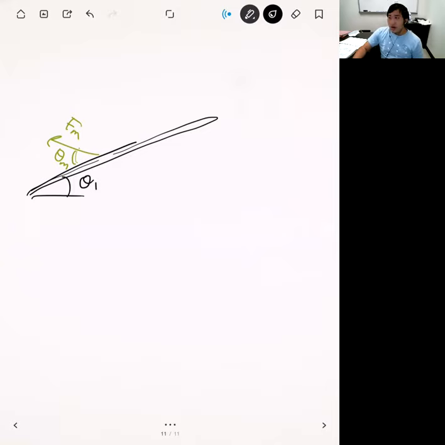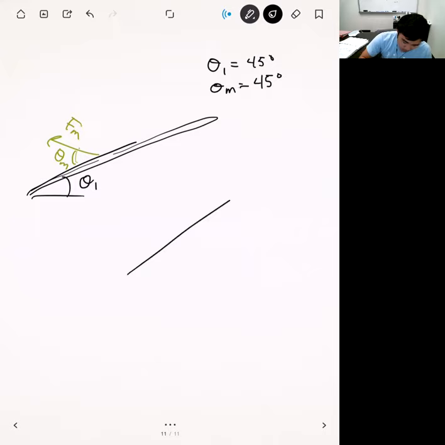So first thing we'll compute here is let's say that we have both angles equal to 45 degrees. And so this one is going to be located up like that. So this is going to be 45 degrees. And then FM is going to be angled like this as well. So this is going to be 45 degrees as well.